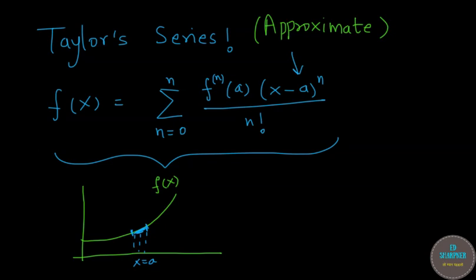So that graph would be something like this. But at x is equal to a, the function f of x and this blue graph, which is the polynomial, match perfectly.